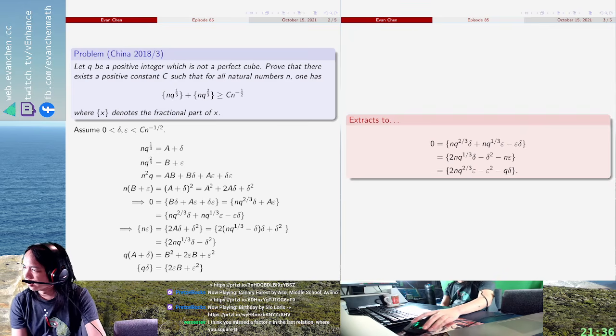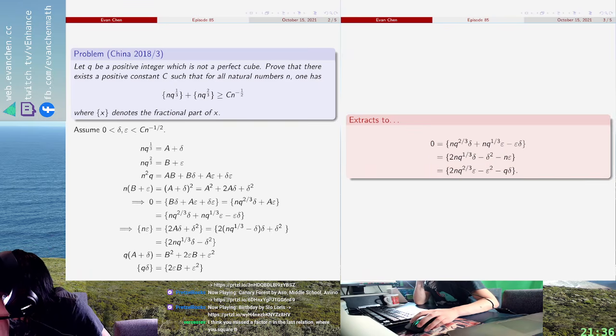Maybe if I look at these two together? Can I put these two together in some useful way? This is Q and this is N. No, these aren't compatible.